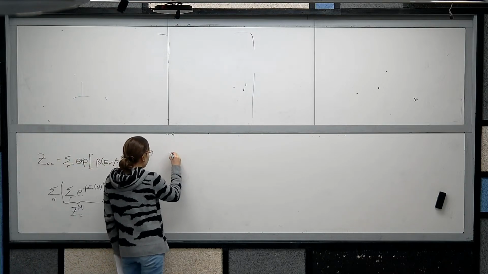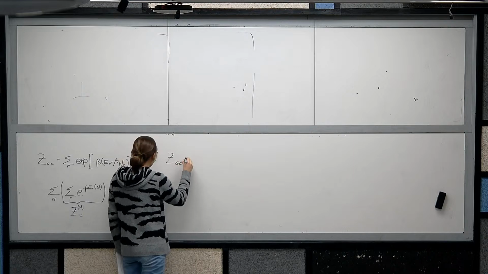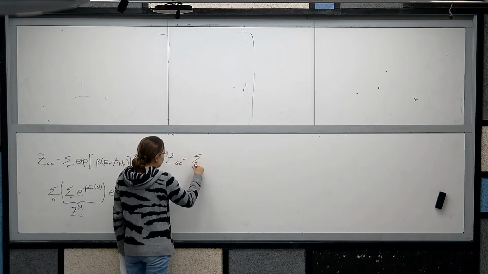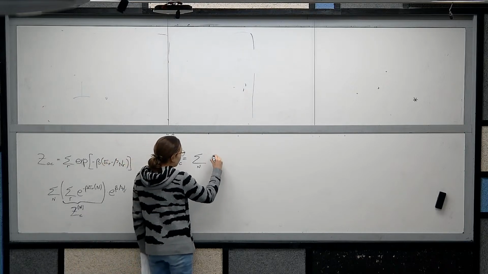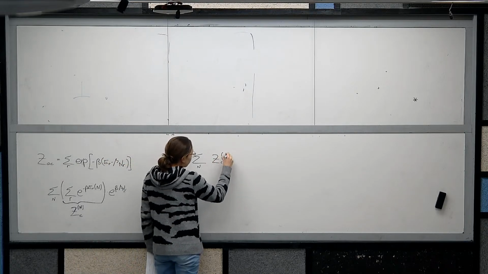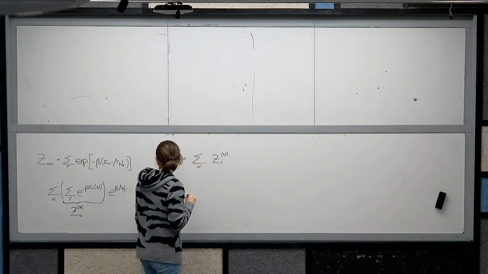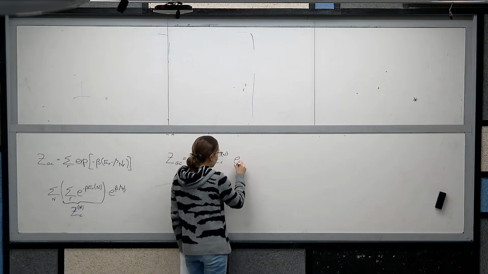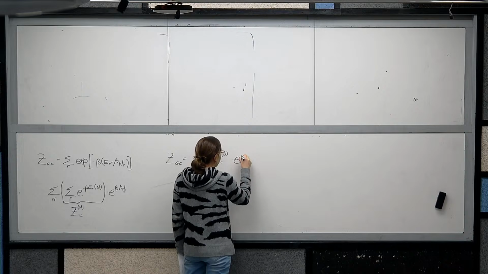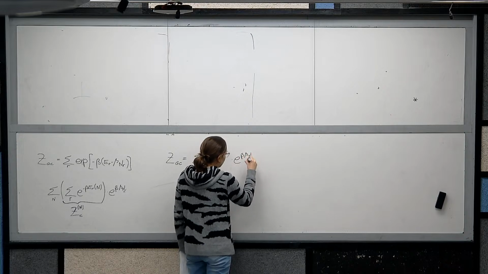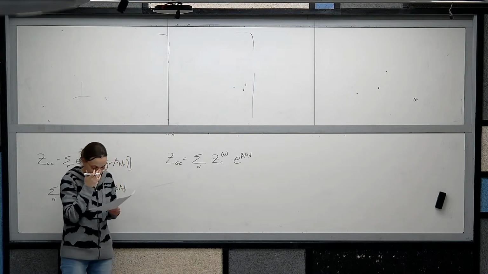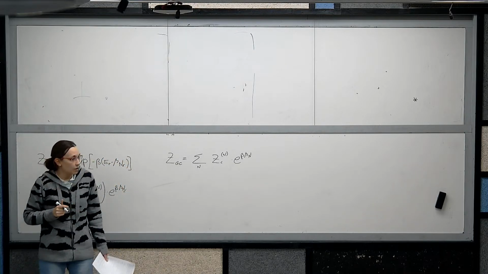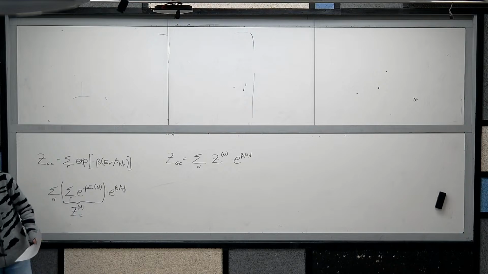So we have that the grand canonical partition function is equal to the summation over all possible numbers of particles of the canonical partition function for a specific number of particles n, times the exponent of βμn.